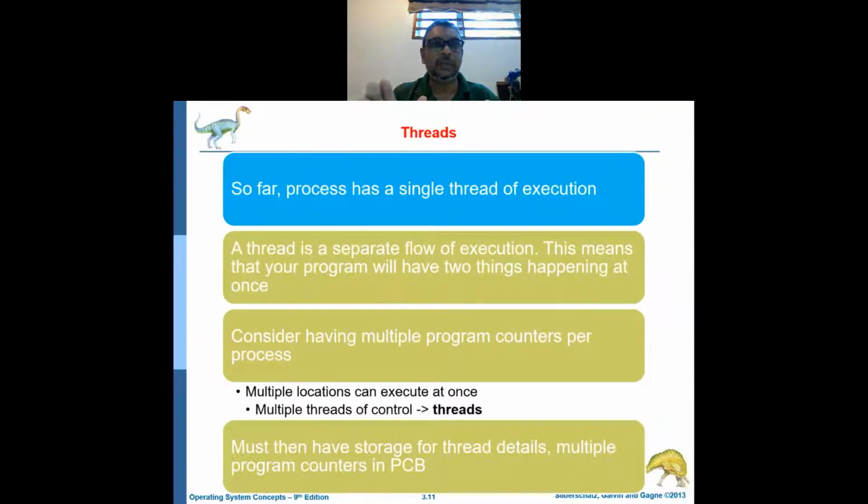Example, let's say you are running your Microsoft Word. Simple. When you run Microsoft Word, let's say you have typed about 10 pages and you want to print, so you print. That particular process inside a process is called a thread. So the process of you printing is called a thread because it's a separate execution, but it's all within the process.